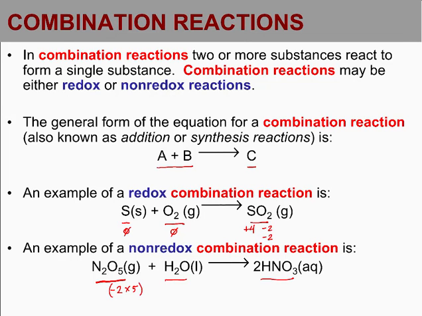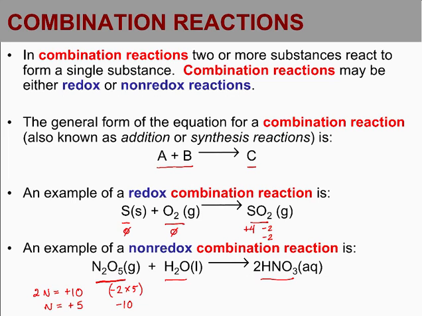So that gives us an overall value of -10 for all of those oxygens. And then nitrogen, or the 2 nitrogens there, have to balance that. So those 2 nitrogens have to add up to +10. So if we divide that by 2, each nitrogen has a value of +5.